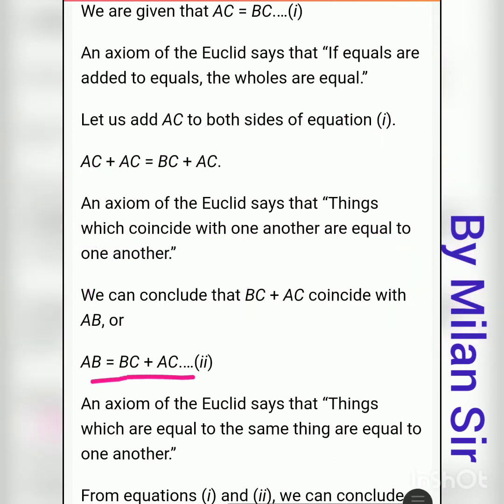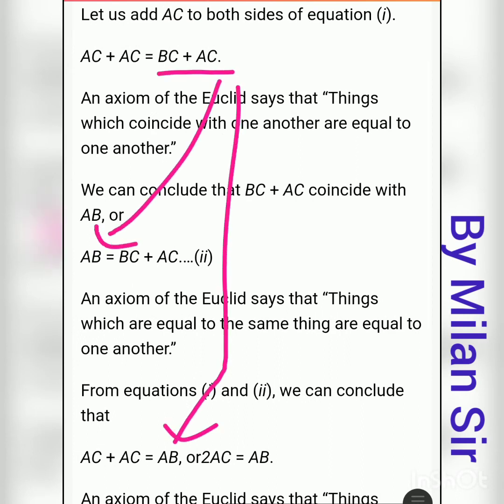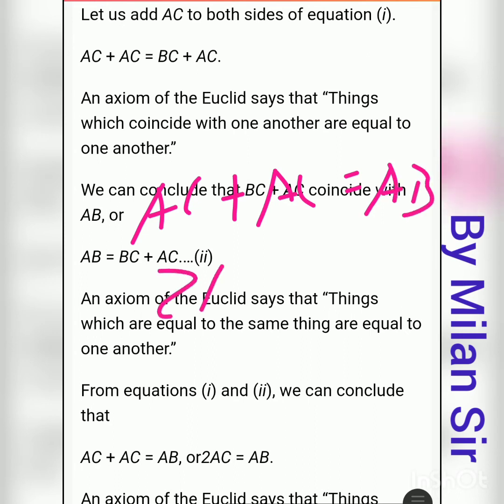So AB is equal to BC plus AC. Now in place of BC plus AC, we can write AB, so AC plus AC is equal to AB. It means 2AC is equal to AB.